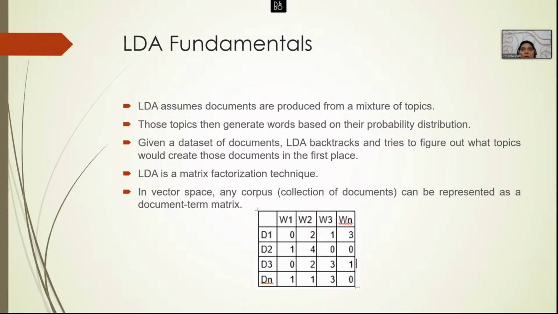So maybe when I'm talking of one particular set of documents that are talking of real estate or energy, they might have some specific words. Documents talking of some other theme might have some different set of words. Okay, so given a corpus, what LDA does is it tries to figure out what topics would create those documents in the first place.